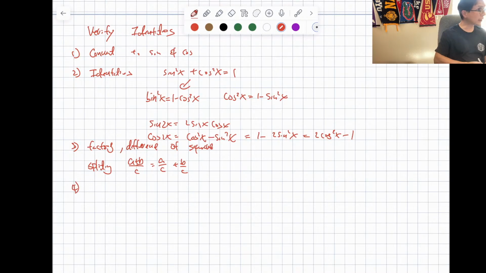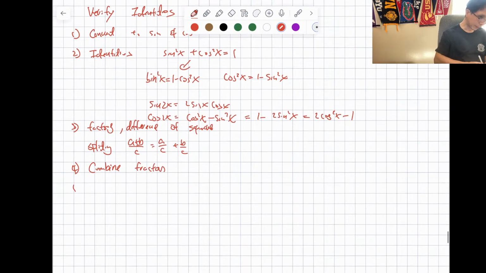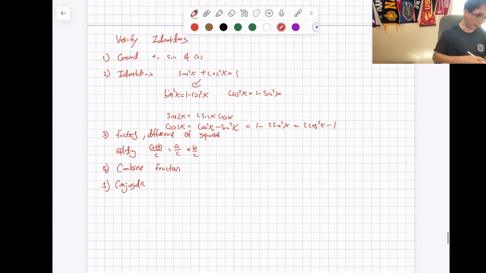Another technique that you can think about is combined fractions, which we did a couple of. The last technique I want to talk about is conjugate. So pretty much all these 5 techniques should be enough for you to verify something.